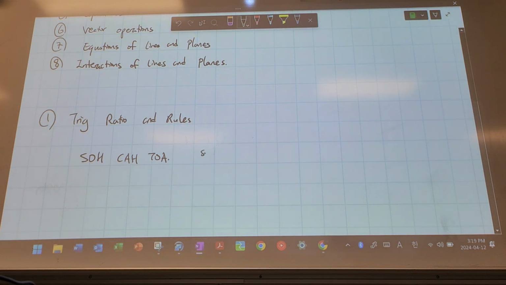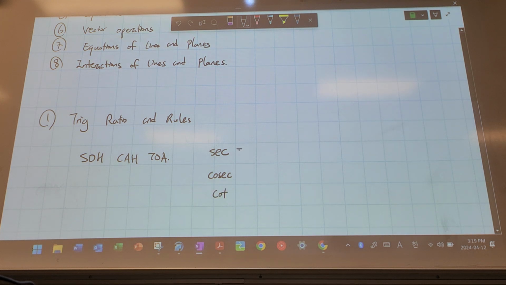So we have the secant, and then the cosecant. Let's use the abbreviations shown in the data booklet, the formula booklet: secant, cosecant, and cotangent.